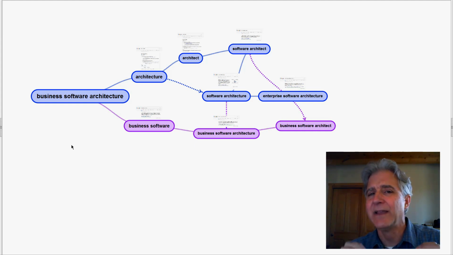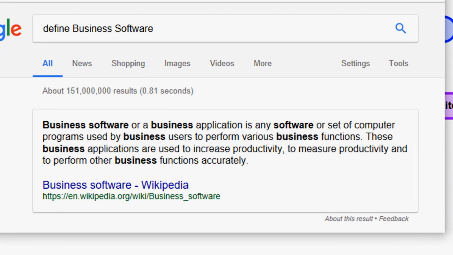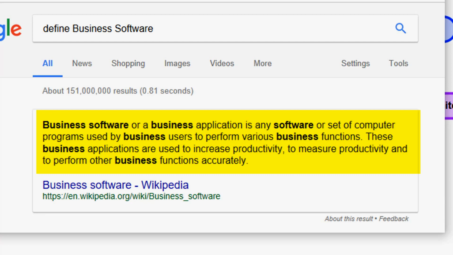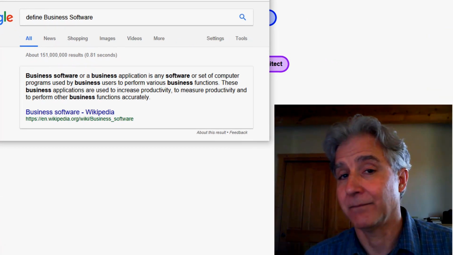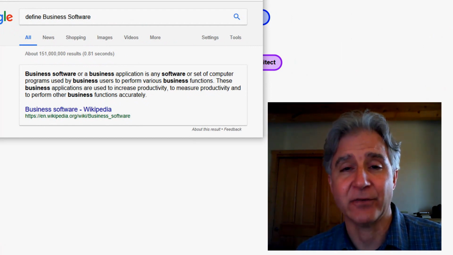But really the point we have to get back to is, what is business software? If you ask Google, business software is any software or set of computer programs used by business users to perform various business functions. These business applications are used to increase productivity, to measure productivity, and to perform other business functions accurately. Pretty good definition, but it leaves out your customers.